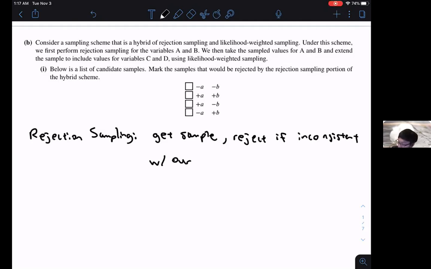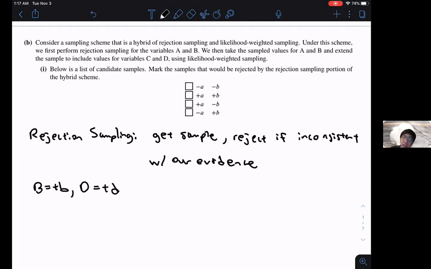So notice right here in part I, we're asked which of the following samples would be rejected by the rejection sampling portion of our hybrid scheme? Let's recall from our previous part above, our evidence variables were set as B equals plus b and D equals plus d.